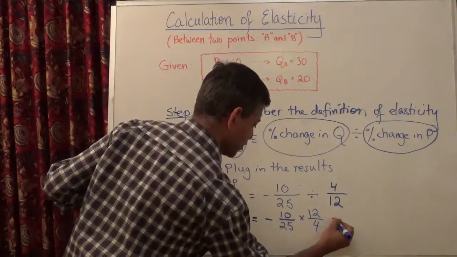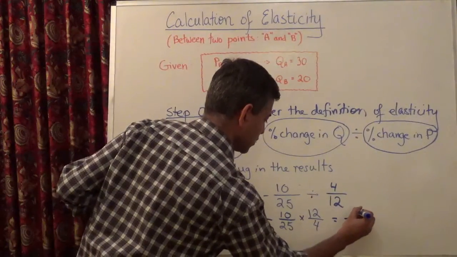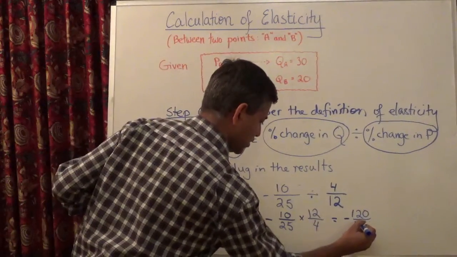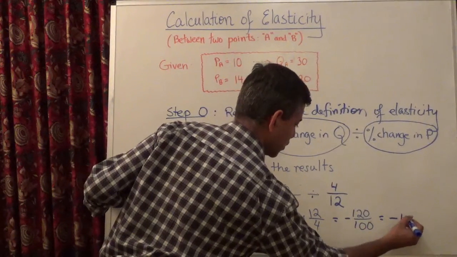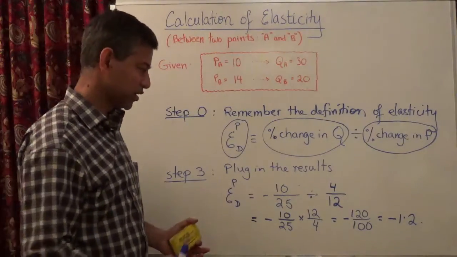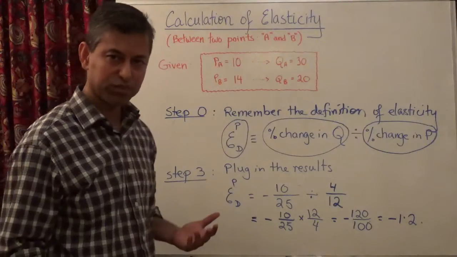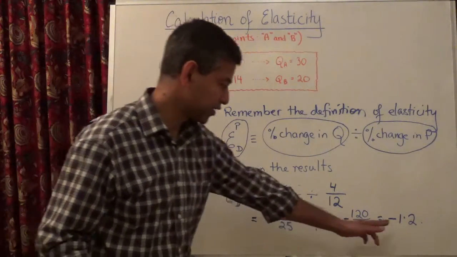And so if you work that out, you'll get negative 120 over 100. So that's simply negative 1.2. That's the elasticity calculation. Notice the negative sign is simply capturing that price and quantity are moving in opposite directions. It's capturing the law of demand. So that's the significance of the negative sign.